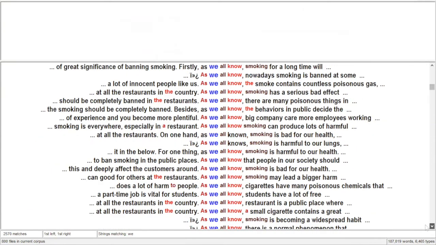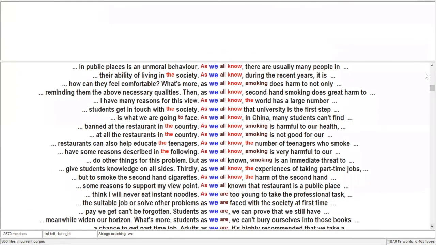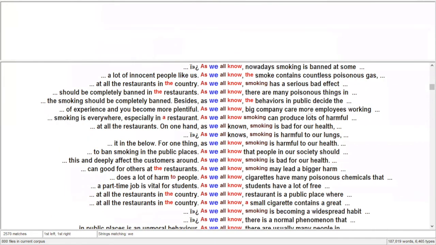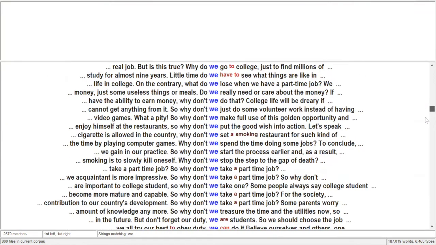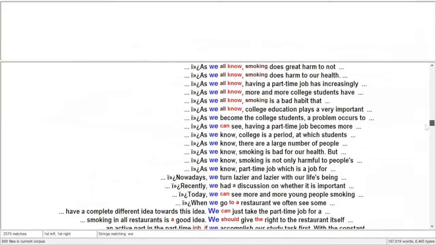Okay, that's interesting, isn't it? As we all know, where's that coming from? Maybe it's something you know better than me. Is that related to L1, or is it something that's in the textbook? This looks like it's being used by a lot of the learners. So there's something going on there.